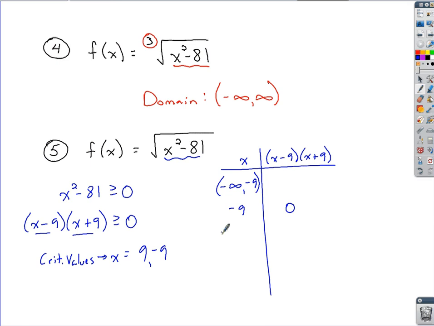But then we continue with the intervals. We go from -9 up to 9, since 9 is the next critical value stop. Could pause at 9, acknowledge what happens. Again, we get 0 back. That's how we got 9 in the first place. And then we continue onward up to infinity, to figure out what your domain is ultimately going to be down here.